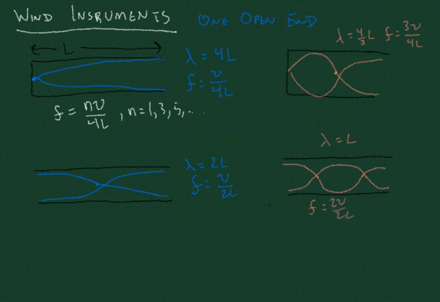And so as you might guess, the frequency for a pipe with 2 open ends is n times the speed over 2L, for n equal to 1, 2, 3, 4, and all the whole numbers. So in other words, a pipe with one open end behaves like an open string, and a pipe with 2 open ends behaves like a fixed string.